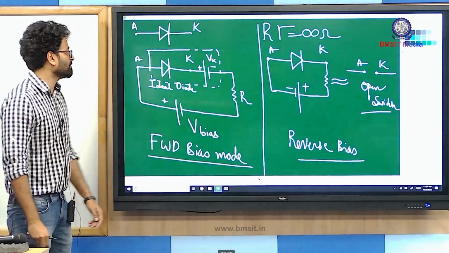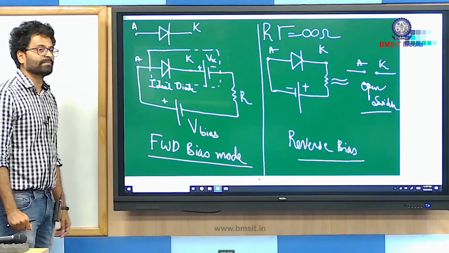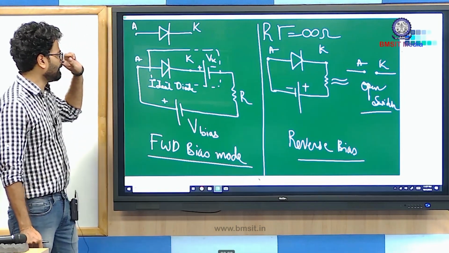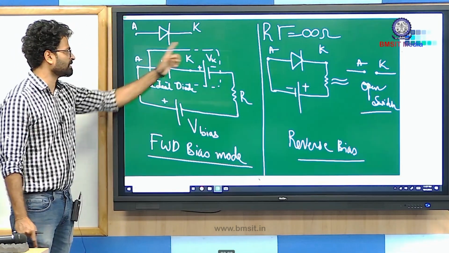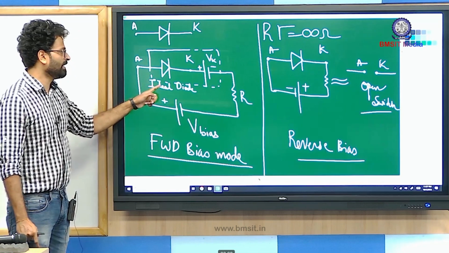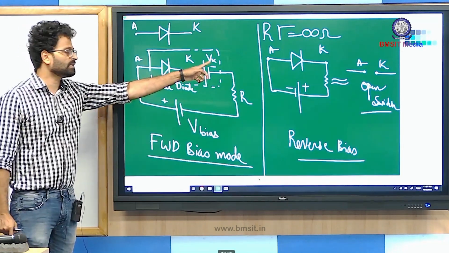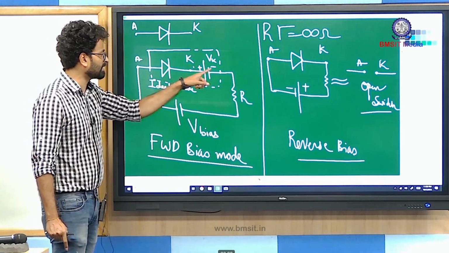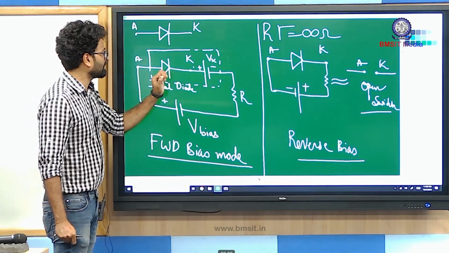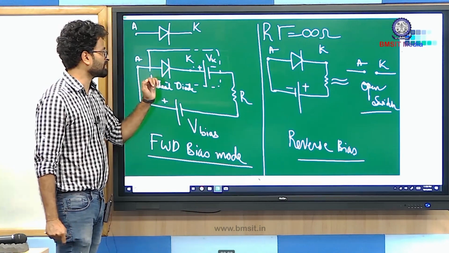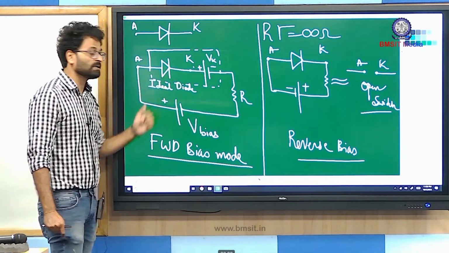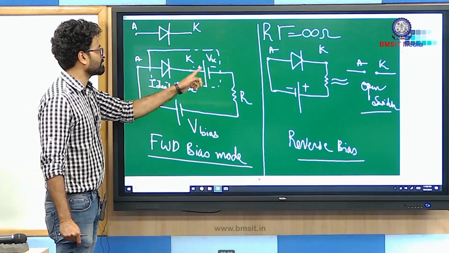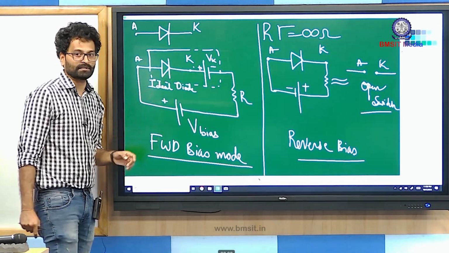So in summary, in case of the practical diode model, we are going to replace the diode symbol with this equivalent circuit. This equivalent circuit consists of an ideal diode in series with the barrier potential. You have to concentrate on putting the polarities over here. For example, Vk has to be put in such a way that Vk always opposes the diode conduction, and that's the reason we have connected the positive terminal of Vk to the cathode terminal.